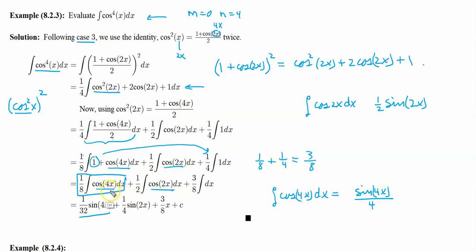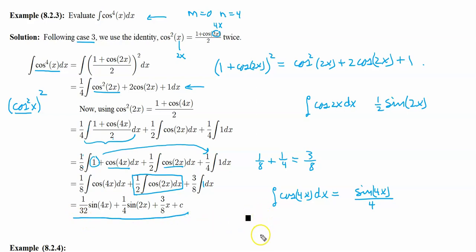The antiderivative of cosine 2x is 1/2 sine 2x, and then times 1/2, so it gives you 1/4 sine 2x. And then 3/8 times the antiderivative of 1 dx, which is just going to be 3/8 times x. And so here is our answer.